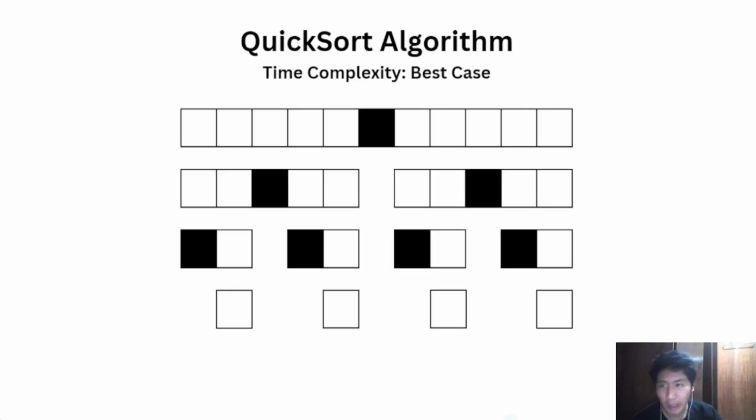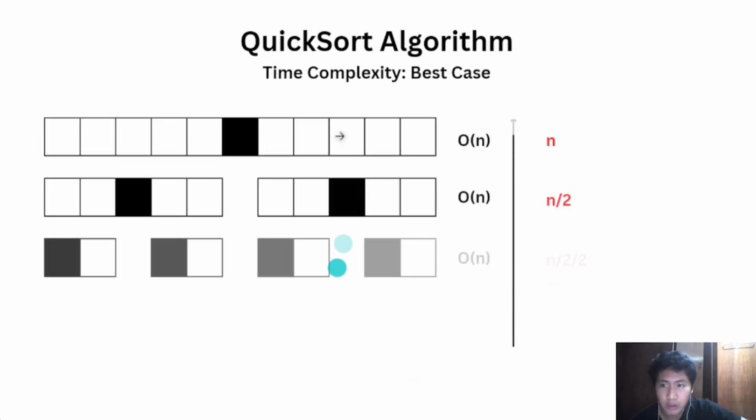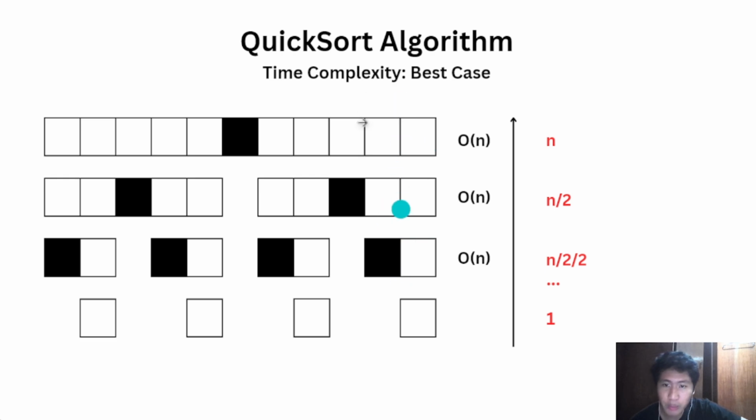So now for time complexity, we start off with the best case with an example of an array of size 11. Looking at each level, we make n calculations until the last level, which makes it big O of n. So in finding time complexity, we get k here as height, and it's n calculations.